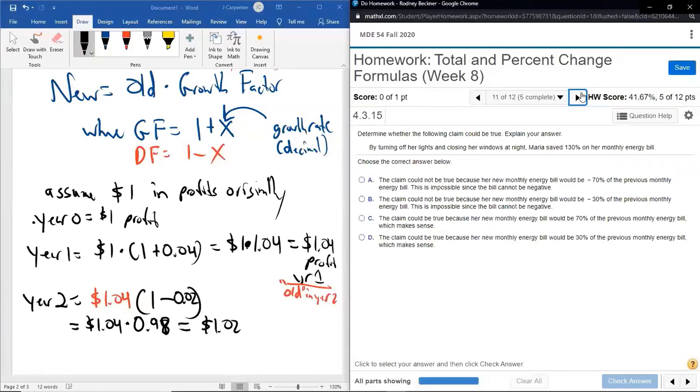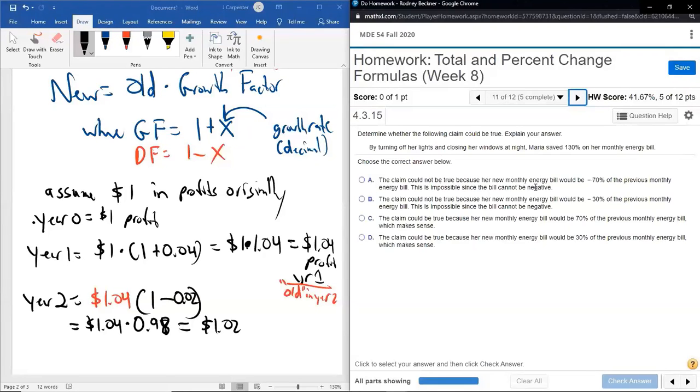All right. By turning off her lights and closing her windows at night, Maria saved 130% on her monthly energy bill. It's just true or false, does it make sense, and why? The claim could not be true, the claim could not be true, the claim could be true, the claim could be true. Okay, so we got 2 for not true, 2 for true. And then on top of that, they say it would not be true because her new monthly energy bill would be minus 70% of the previous monthly energy bill.